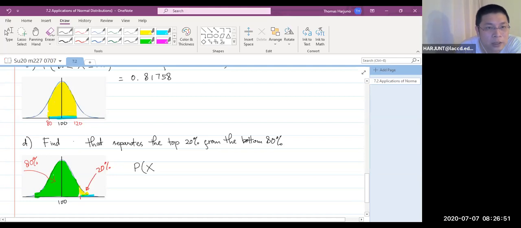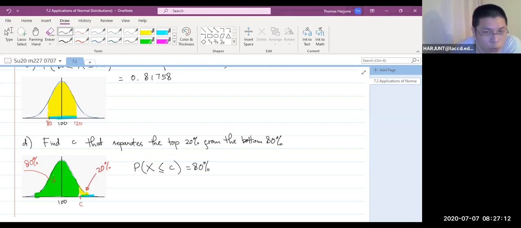Find C such that the area to the left of that C is 80%. When we use the calculator later on, it's always the area to the left, okay? We will use the area to the left to find the cutoff score.